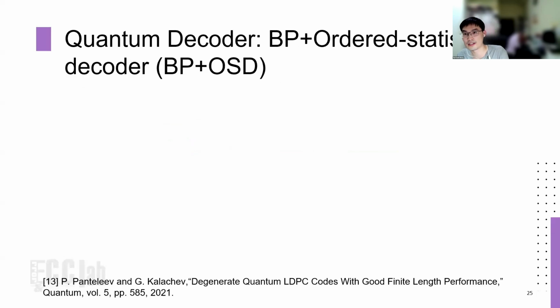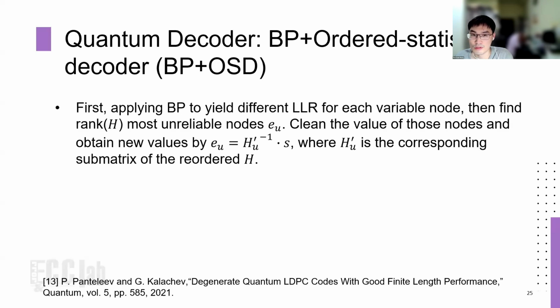So another way that has been proposed is using BP to yield a different log likelihood ratio as an input to another decoder. This method is called a BP plus order statistic decoder, BP plus OSD.